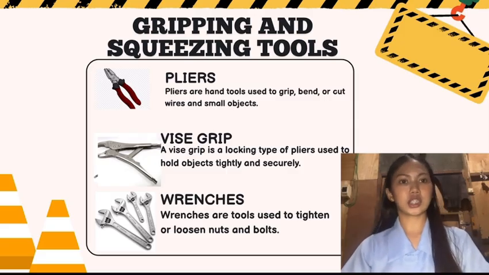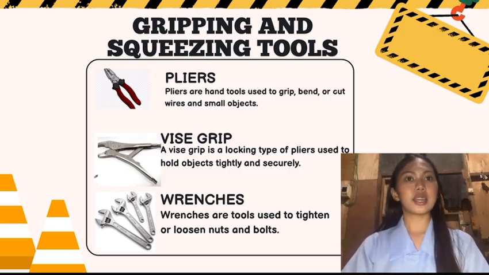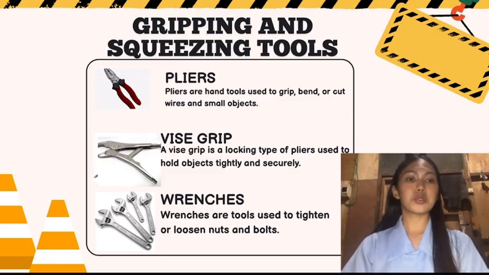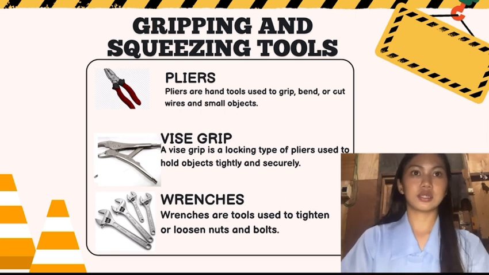Next is vice grip. A vice grip is a locking type of pliers used to hold objects tightly and securely. And the last is wrenches. Wrenches are tools used to tighten or loosen nuts and bolts. These examples are useful for gripping wires and tightening bolts.